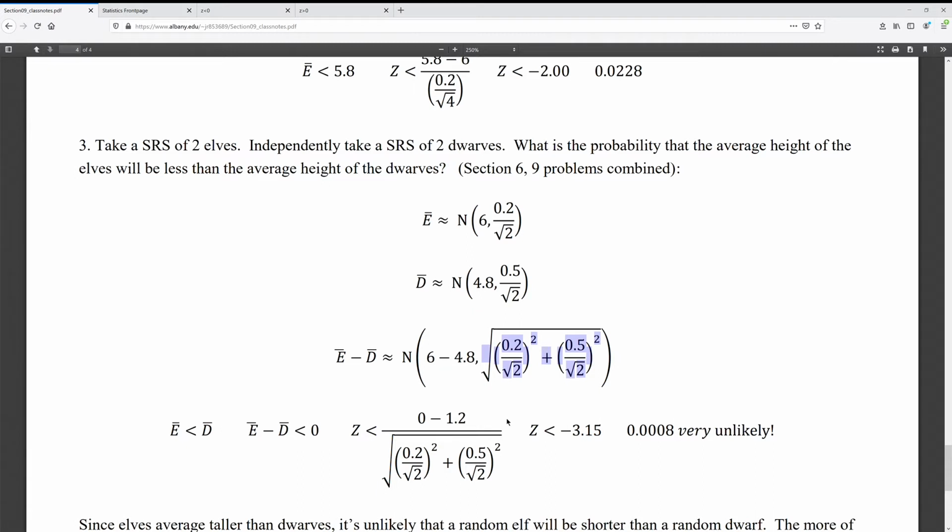So let me see how this plays out with a little rounding error. 0.1414 squared plus 0.3536 squared is 0.1450 something. And then if I take the square root of that answer, I get 0.3808.